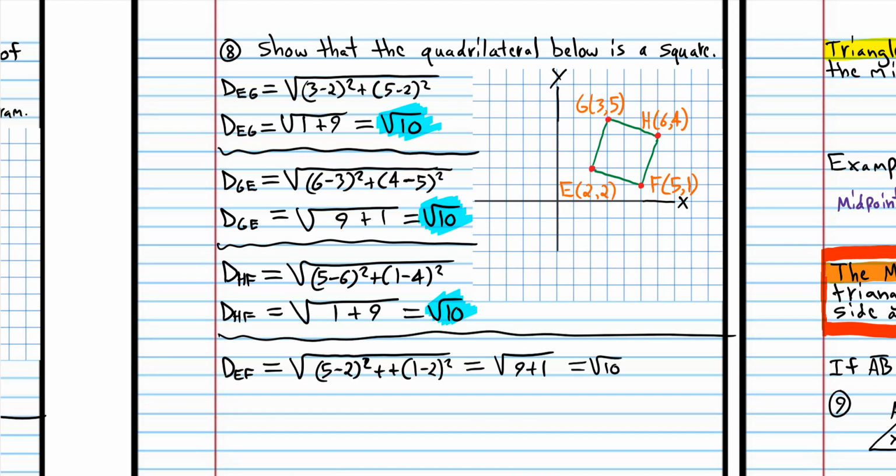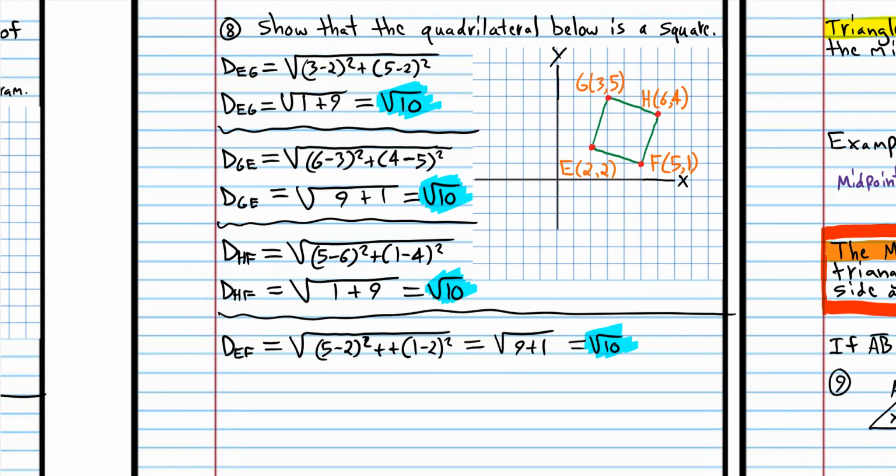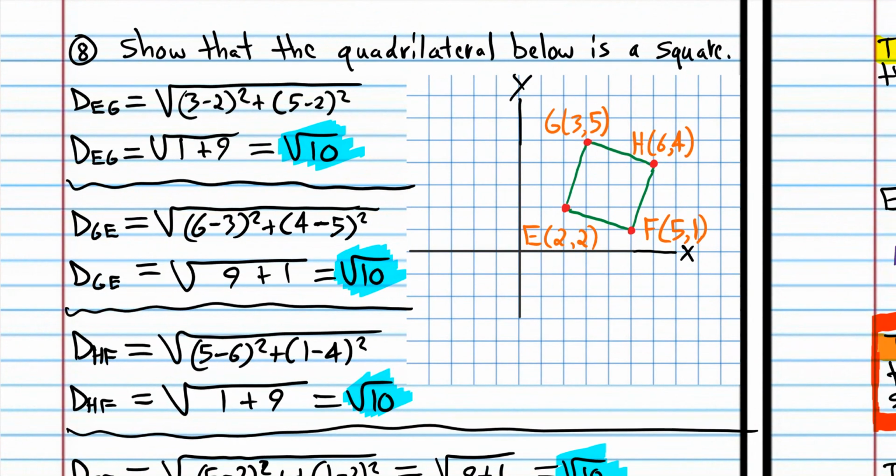So you can see all side lengths are equal. Now we just have to show that the angle between all the sides, the inner angles, are all 90 degrees. So we have to show that all of them are 90.